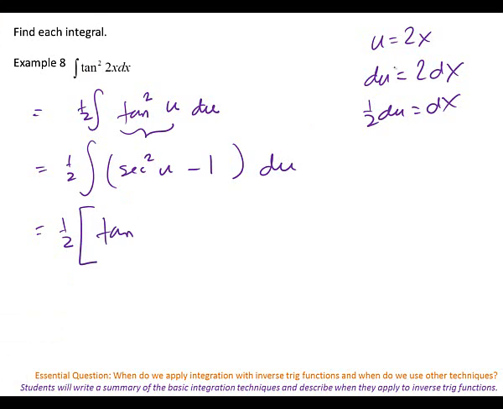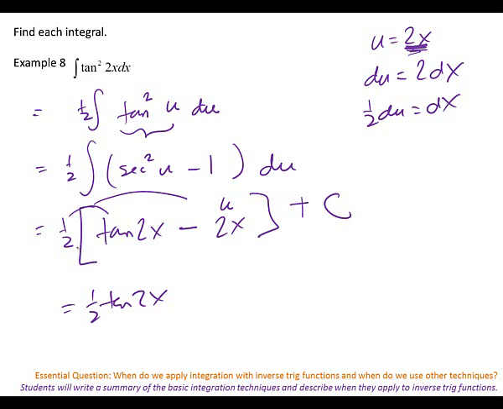Instead of writing u, what are we going to write down? 2x. 2x minus, when we integrate 1, what do we get? x, or in this case u, but instead of u we're writing down 2x. And then we always write what at the end? Plus c. Could I distribute that 1/2 in? Yeah, so I'd end up with 1/2 tangent of 2x. What's 1/2 times 2x? Negative x plus c. So again, either one of those is probably a good answer.